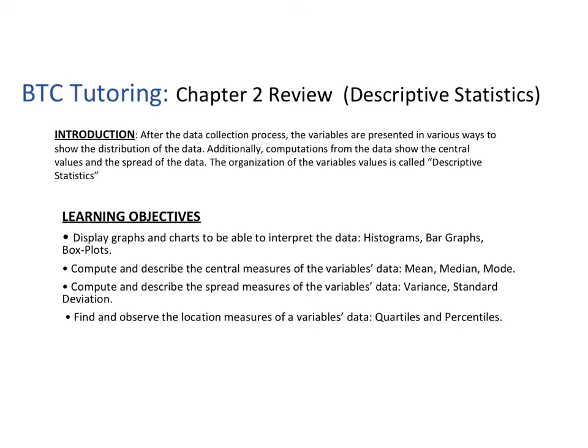We're going to compute and describe the central measures of the variable's data, which is the mean, median, and mode. And we're going to compute and describe the spread measures of the variable data, variance and standard deviation. We're going to find the observed location measures of the variable data, which is called quartiles and percentiles.